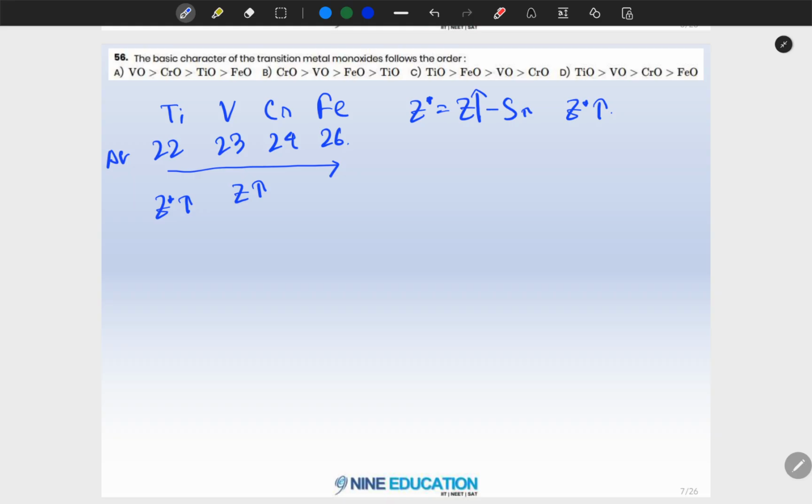Now, we can clearly conclude that among all these elements, the Z star of titanium is the least. Z star of titanium is less than that of vanadium, less than that of chromium, less than that of iron. Now, metal oxides react with water to form metal hydroxides.